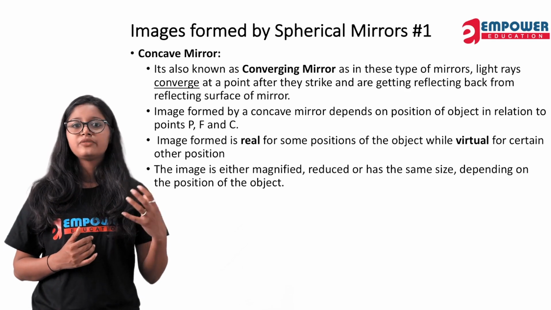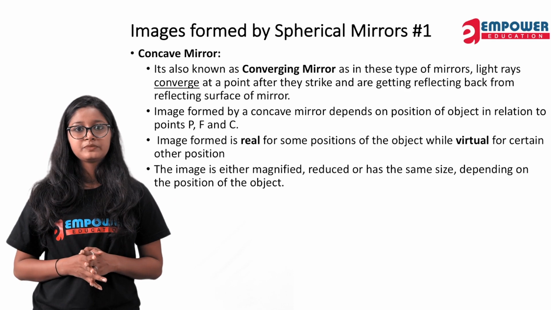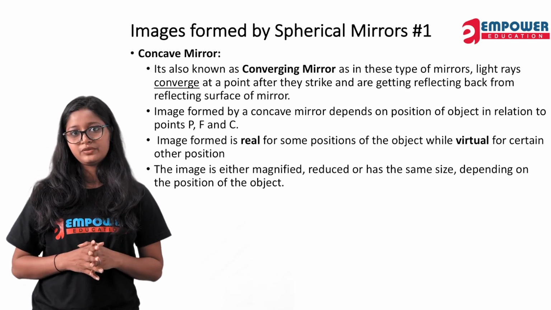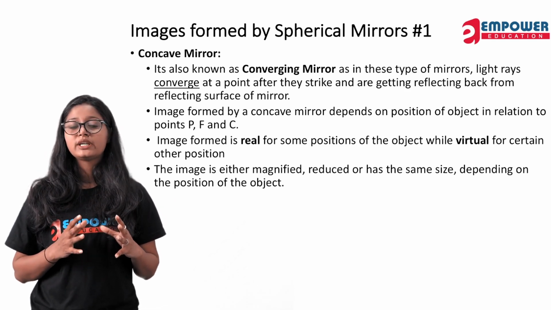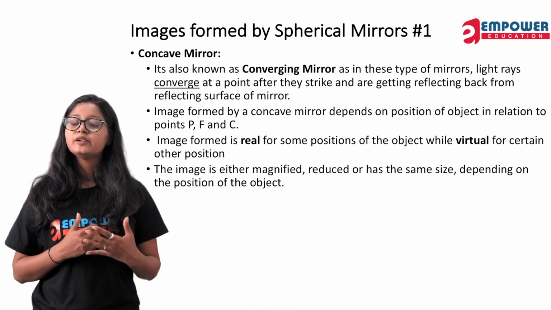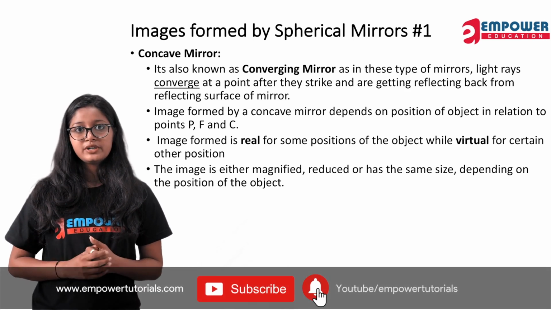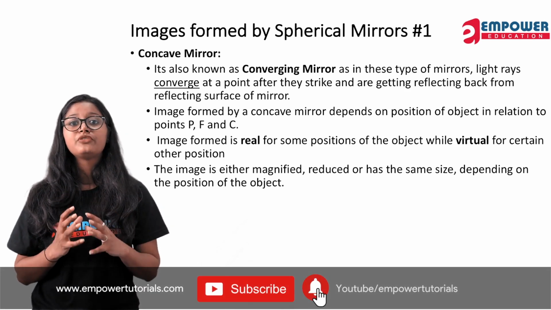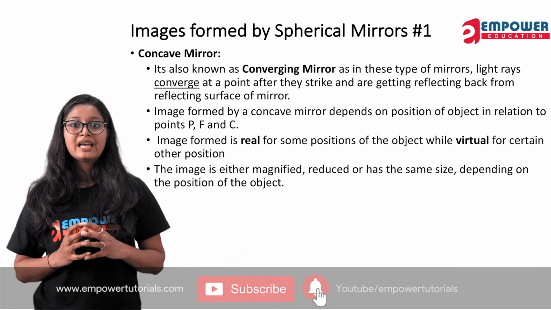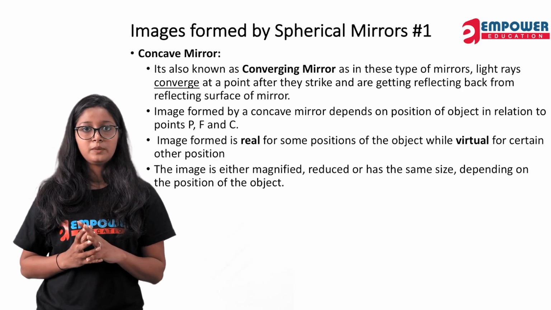Now we know that we have two mirrors. We have the concave mirror, we have the convex mirror. Now let's do a simple activity. Take a concave mirror and a piece of paper. Focus the mirror in such a way that the reflecting part of the mirror is where the rays of the sunlight can fall.